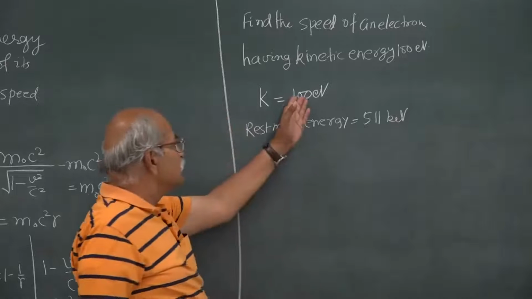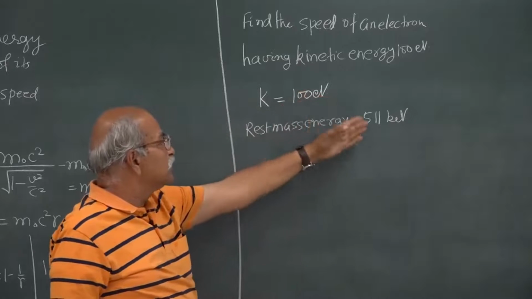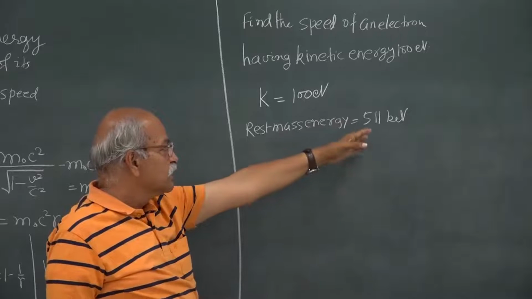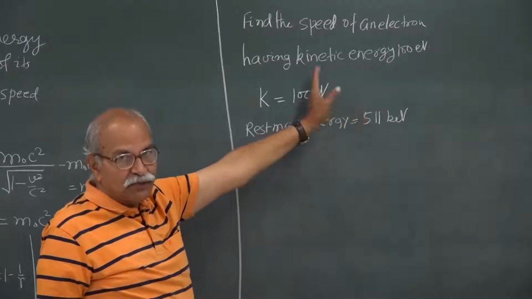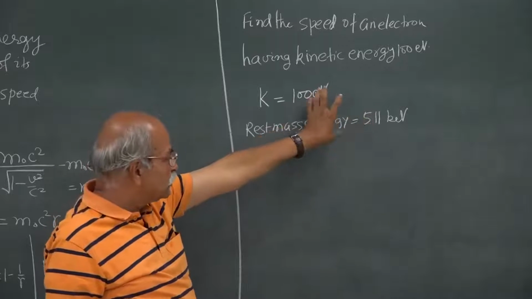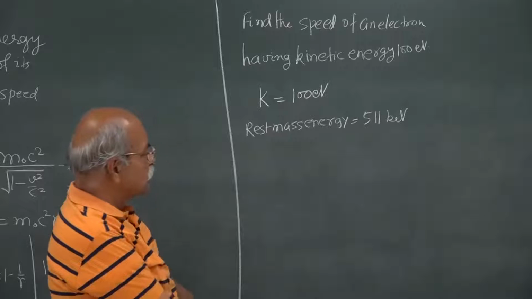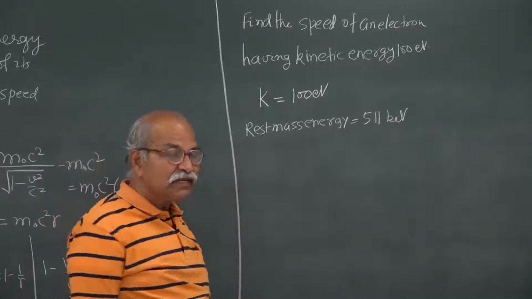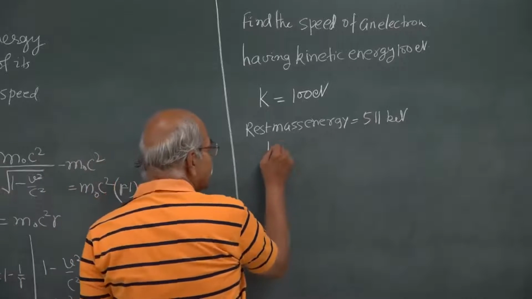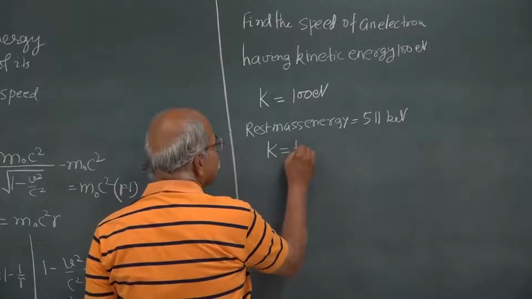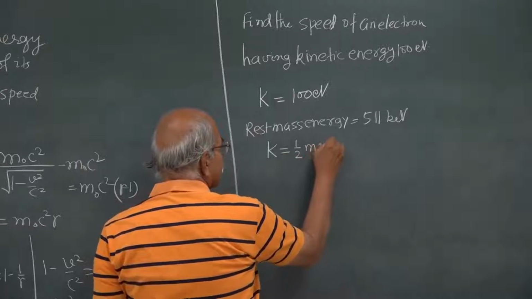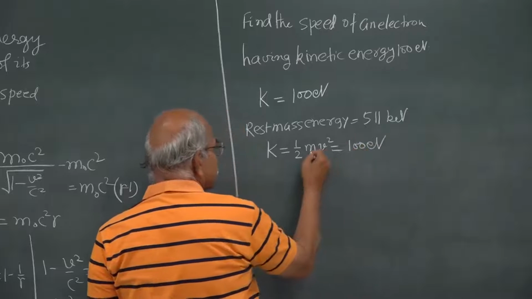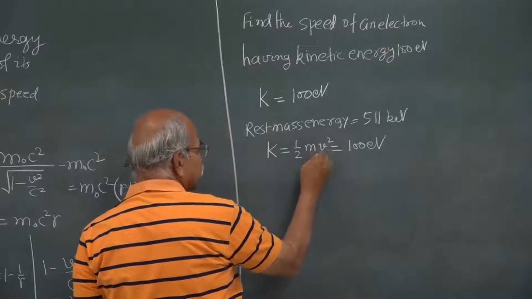So, this 100 eV is much smaller than this, 0.1 keV and this is 500 keV. So, 1 part in 5000 or so, and therefore, one can use non-relativistic equations unless you are doing some very sophisticated experiment. So, I can use K is half mv square, and that is 100 eV. We have to find this speed.